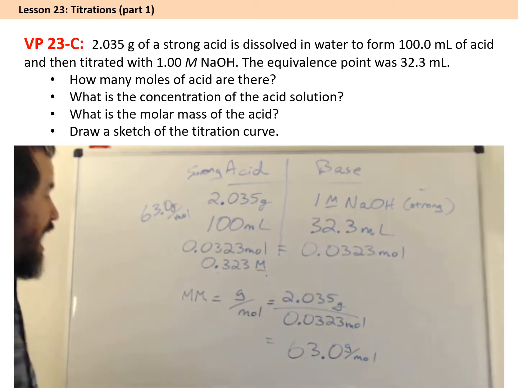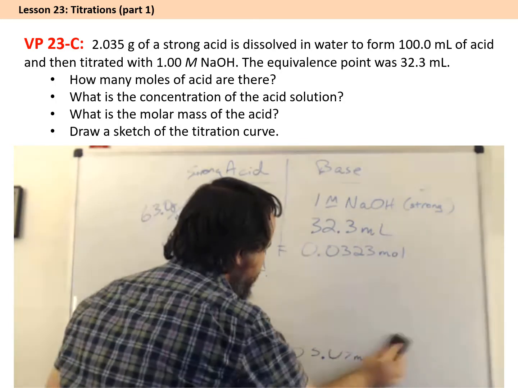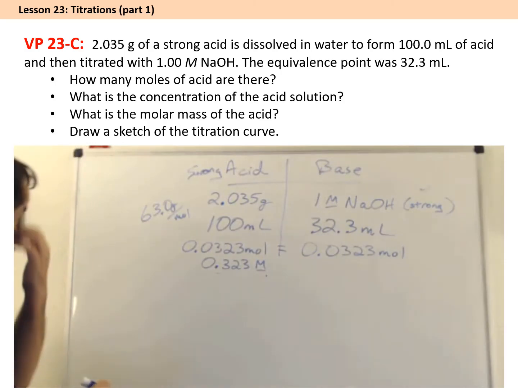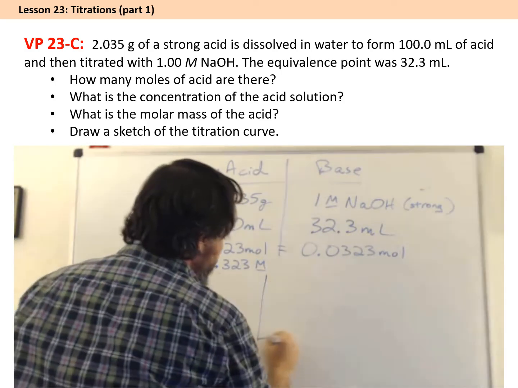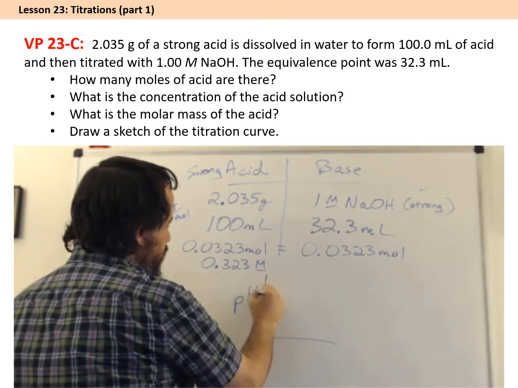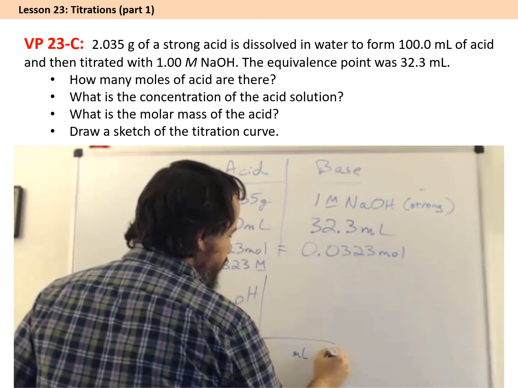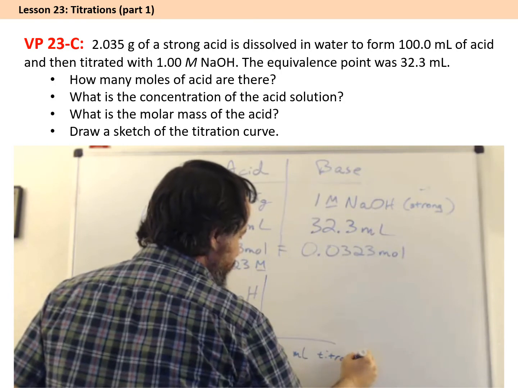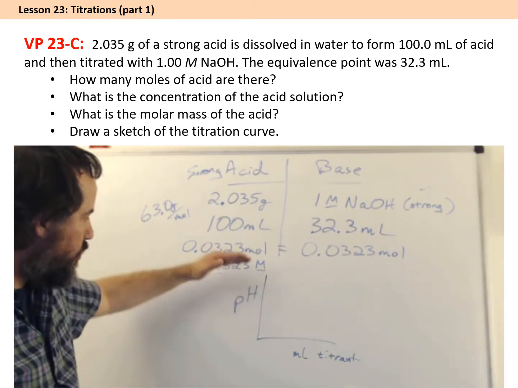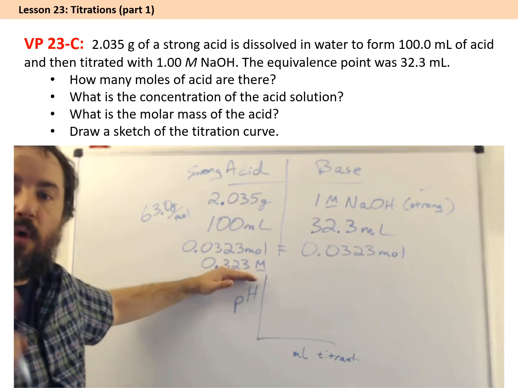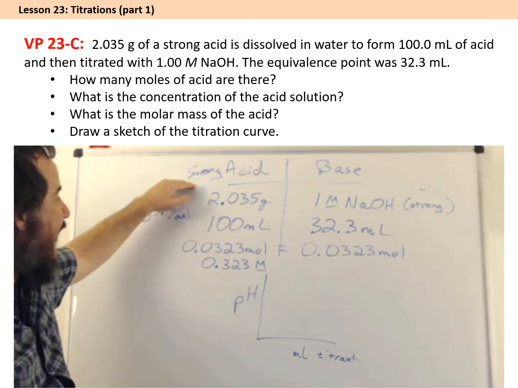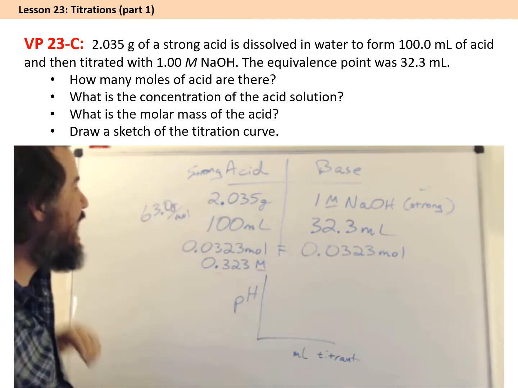All right, now the last thing it asks is to draw a sketch of the titration curve. Okay. Well, first, whenever I ask for a titration curve, it's going to look something like this: pH versus mLs of the titrant. Okay. And I'm either going to start at low pH or high pH. What am I going to start out with here? Well, my acid, that's my analyte.